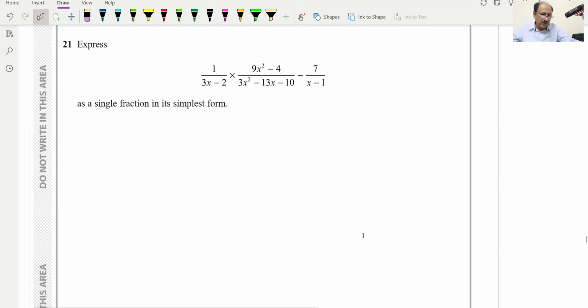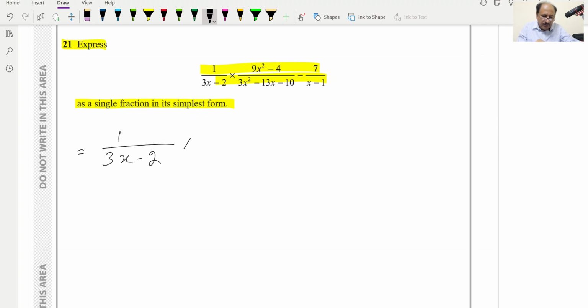Now question 21, they are saying express this fraction, this is the given fraction, as a single fraction in simplest form. So first of all, whatever factorization we can do, we will do that factorization.